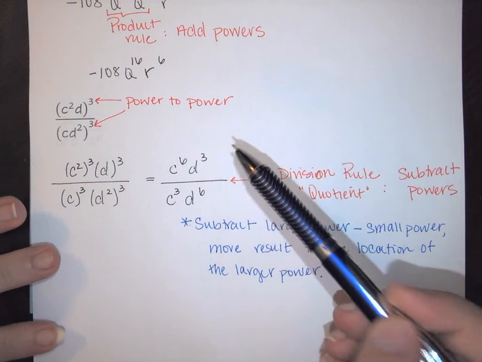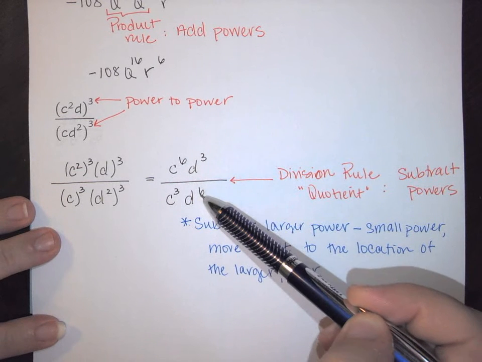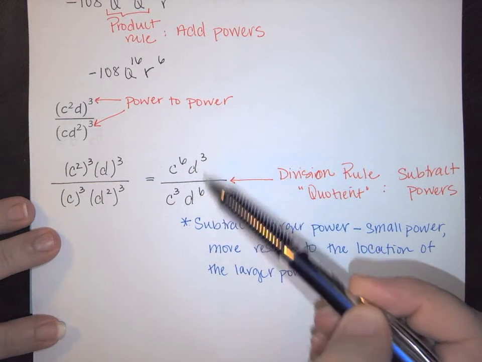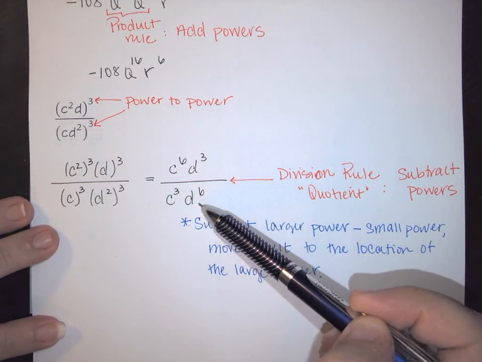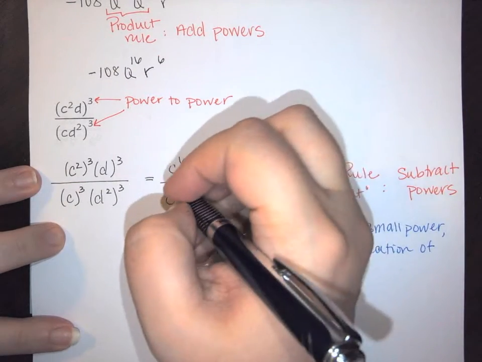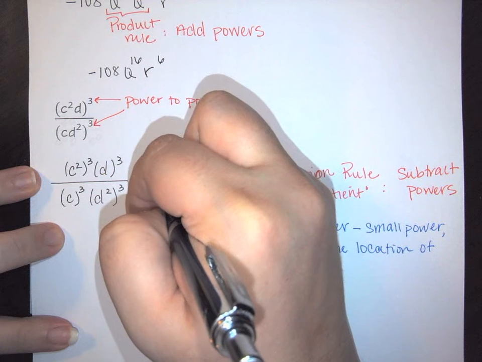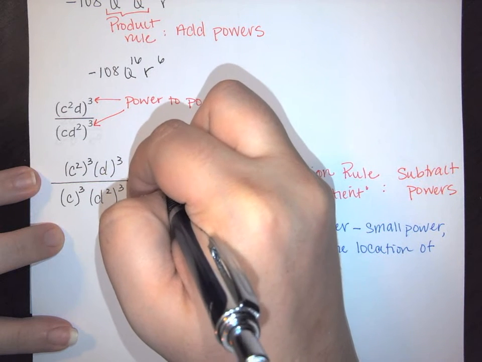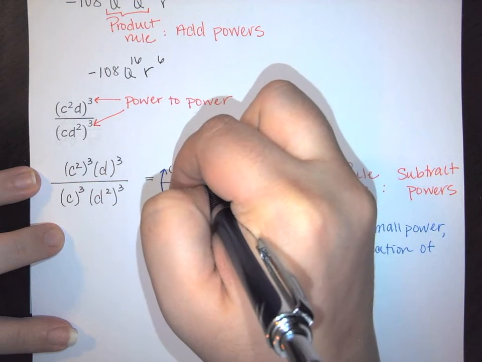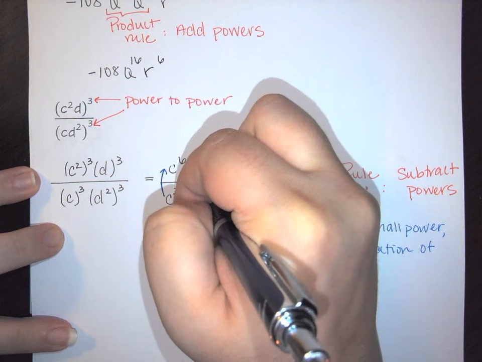So in other words, if you have bigger on the top, you're going to move it to the top. If you're bigger on the bottom, you're going to move it to the bottom. So what we're looking at here is taking my C term and moving that one up, but then my D term over here and moving this one down.